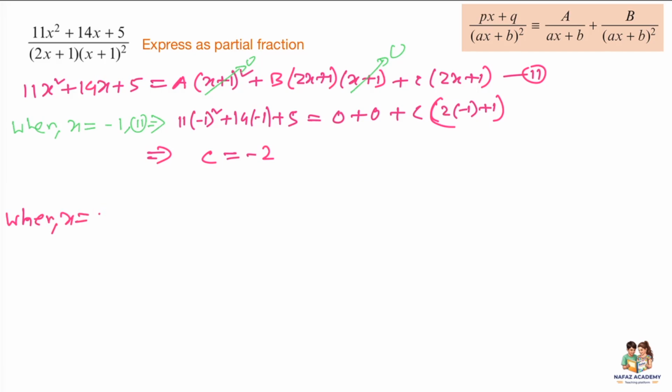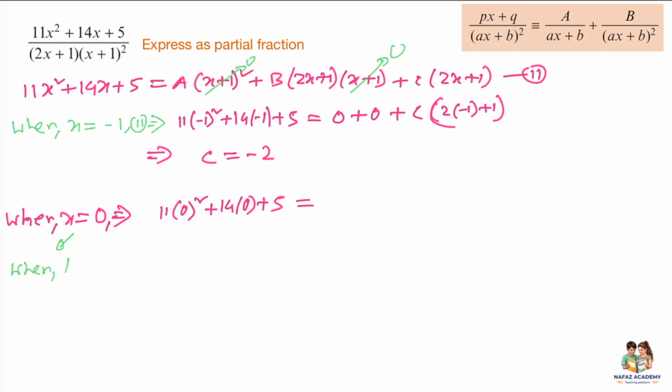And the last one, when x equals 0, there is no part of the last part, right? So you can use x equals 0, x equals 1, x equals 2, whatever you like, to find it, or equating. There is another rule to find the last part, which is equating the x square coefficient.